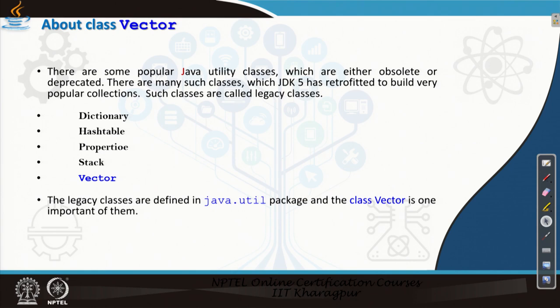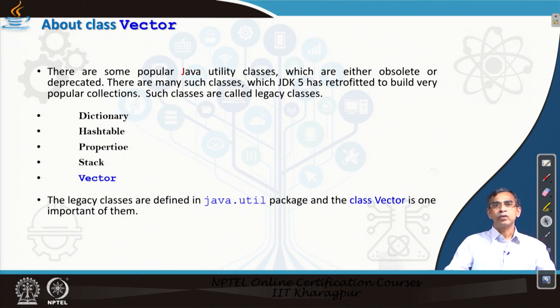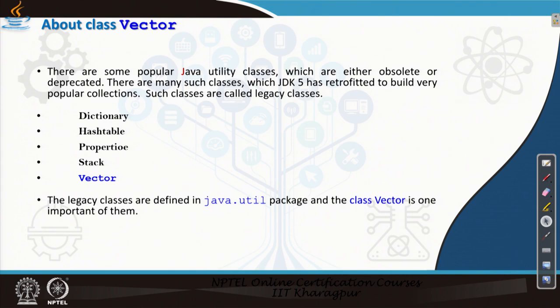All these classes were to manipulate data structures, but later on the Java developers thought that there should be a more efficient way all those data structures can be managed, and they introduced the collection framework.